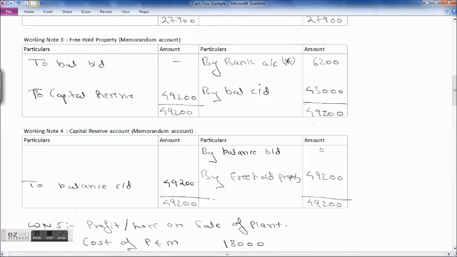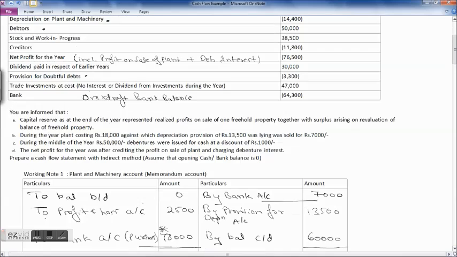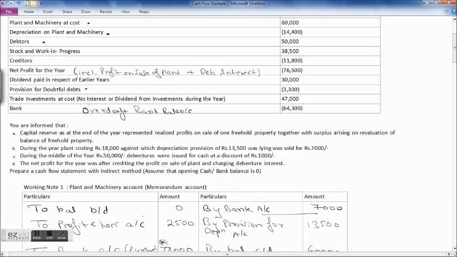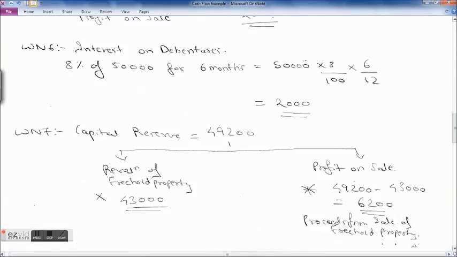Now the next one. Next is creditors 11,800. There is an increase in the credit balance of creditors, that is, creditors have increased. So there is an increase in the creditors, that is your current liability, so we have to add it back.